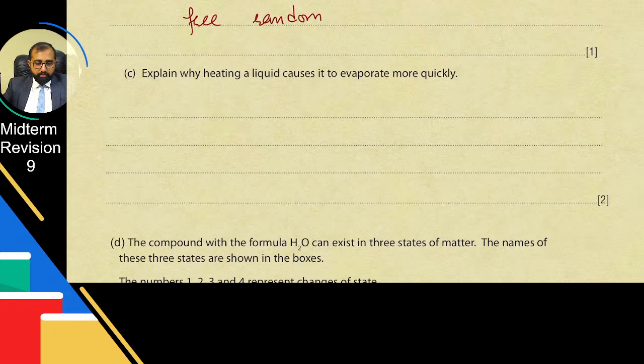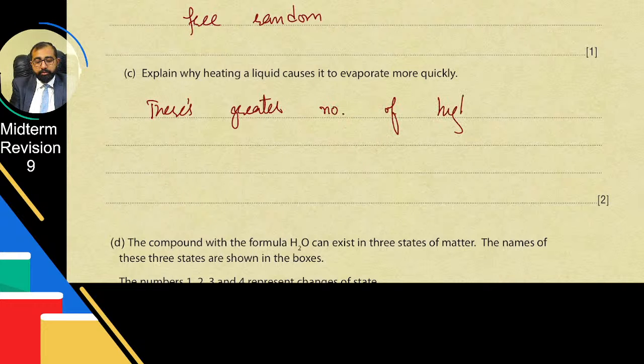Okay, so over here we'll simply say that why heating a liquid causes it to evaporate more quickly, because there is a greater number of high energy molecules. Why? Because you have just given them heat, energy, right?